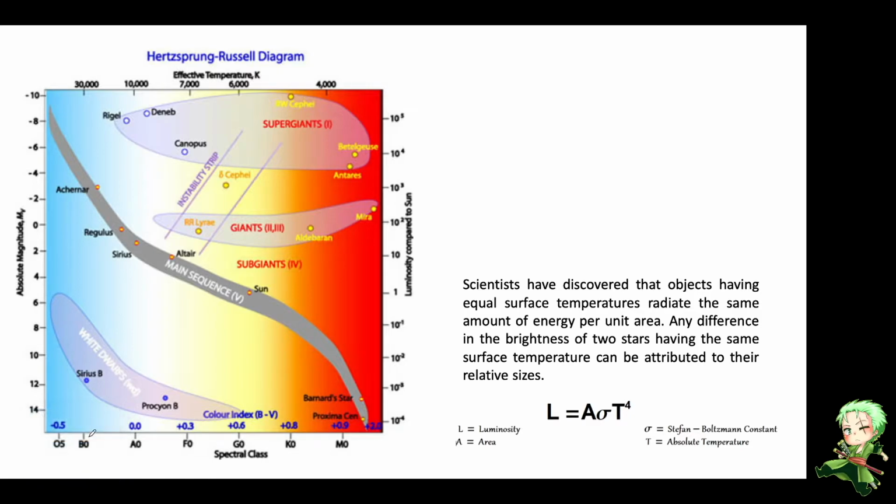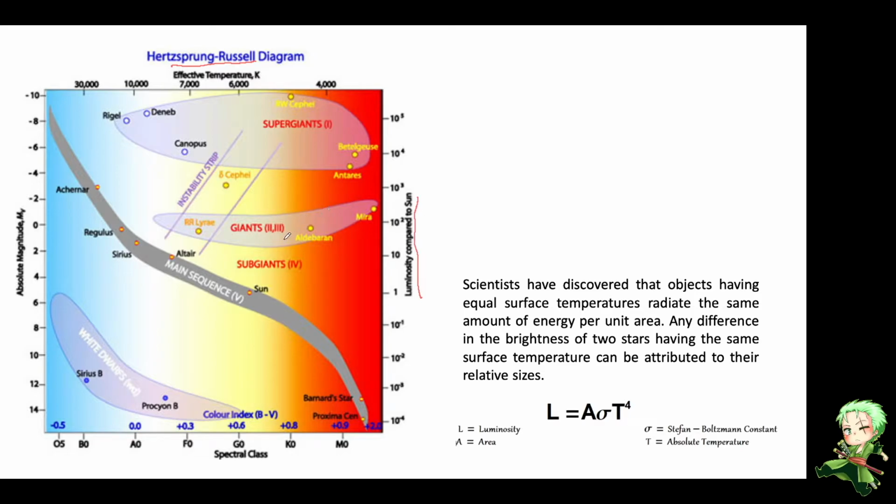This is actually a very important diagram in astrophysics and in astronomy, and this is the Hertzsprung-Russell diagram. As you can see here, it is a diagram that gives us an idea of the temperature of a star and the luminosity of a star. We'll discuss luminosity in detail later.